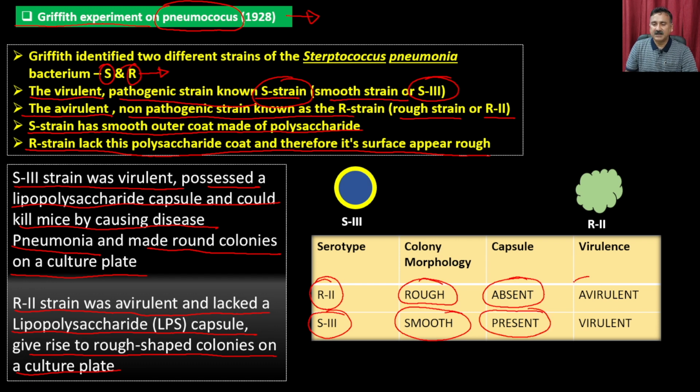And the R strain is avirulent, which means it is not going to cause the disease. Whereas the S strain is virulent, so it is going to cause the disease. And what disease is it going to cause? It is going to cause pneumonia, and ultimately it is going to cause the death of mice.